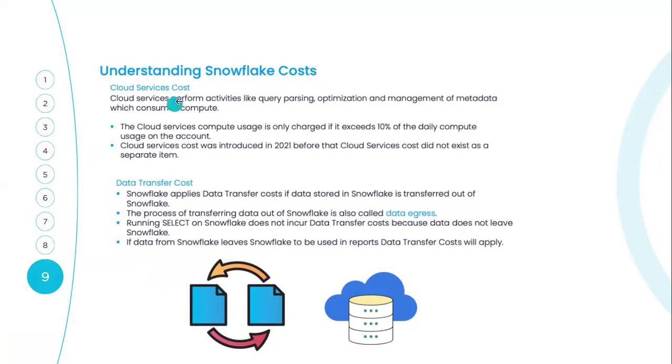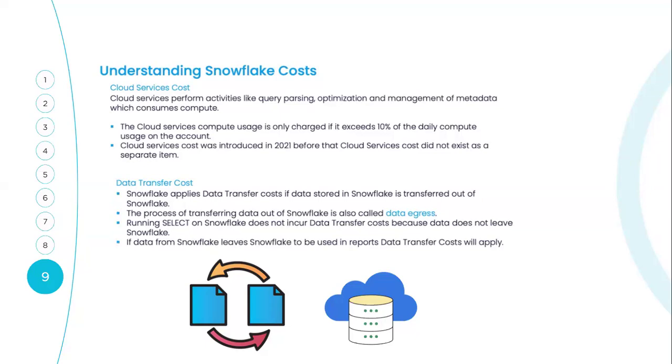These cloud services are provided by Snowflake. Say I'm using $100 of credits. Snowflake will add 10% commission on top of the $100. That $100 you are going to pay for AWS, Azure, or GCP.